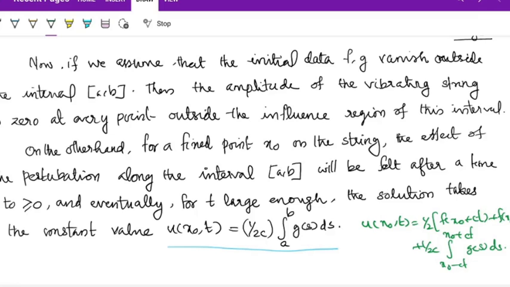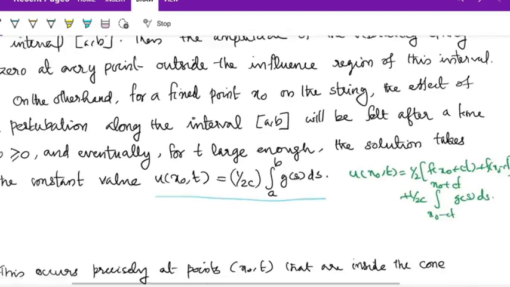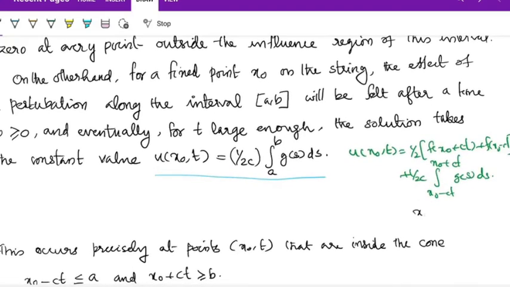So let this in the figure be the point x naught, and when t is large enough, what happens to x naught minus ct? As t tends to infinity, x naught minus ct tends to minus infinity, and x naught plus ct tends to plus infinity.